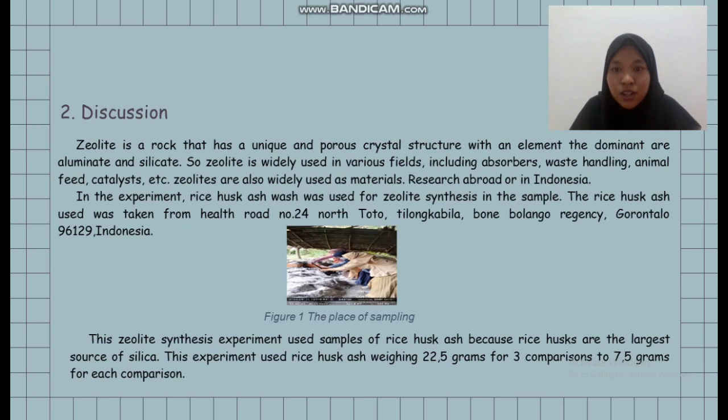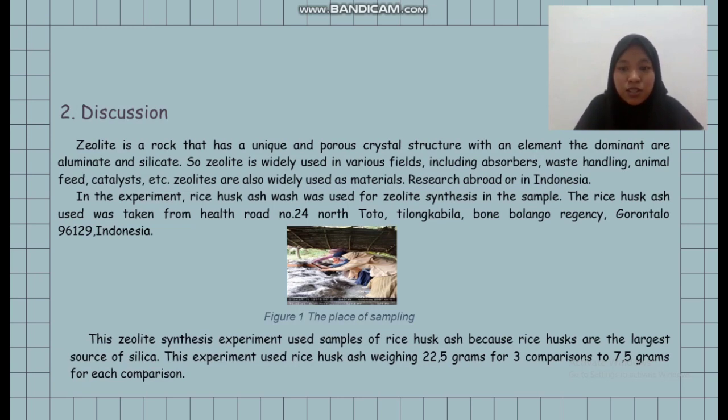In the experiment, rice husk ash was used for zeolite synthesis. The rice husk ash was taken from Jalan Raya number 24, North Toto, Suwawa, Bone Bolango Regency, Gorontalo, Indonesia. The zeolite synthesis experiment used rice husk samples because rice husks are the largest source of silica.